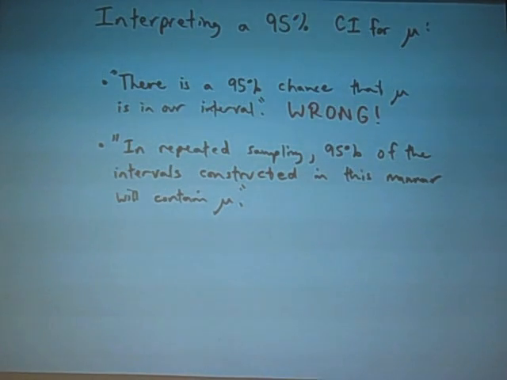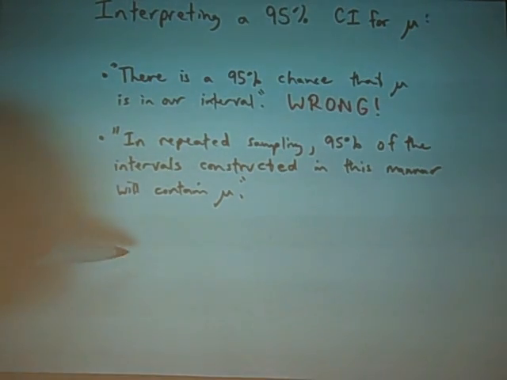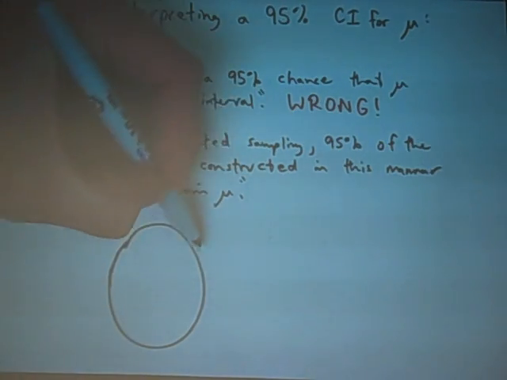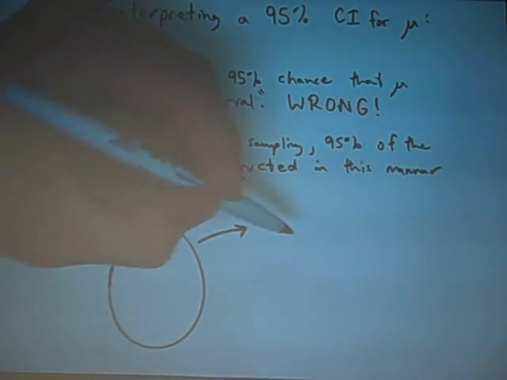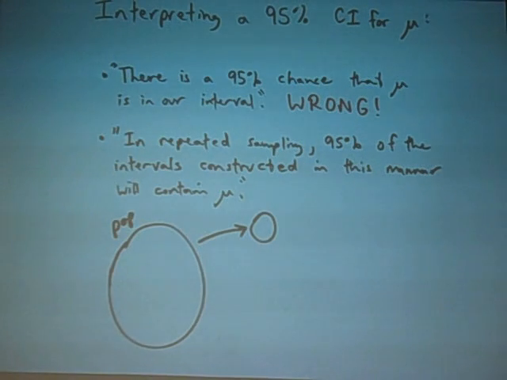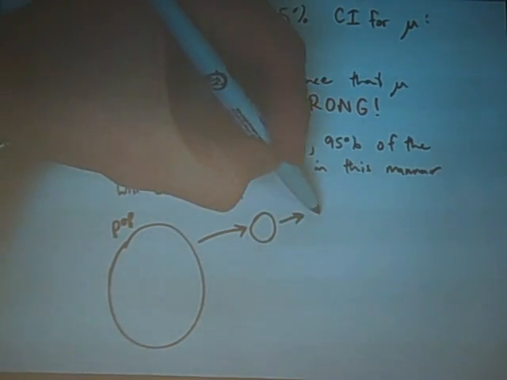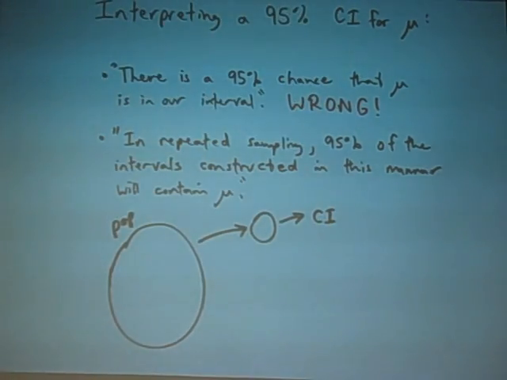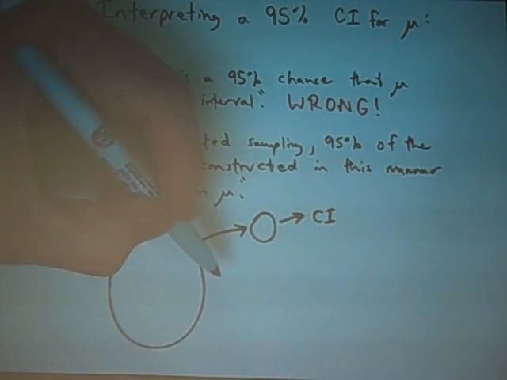Right? So you can think about this in terms of a picture. If this is our population, we take a simple random sample, and once we get our sample, then we can get a confidence interval, right? So you get some confidence interval. Well, we could do that again, couldn't we?